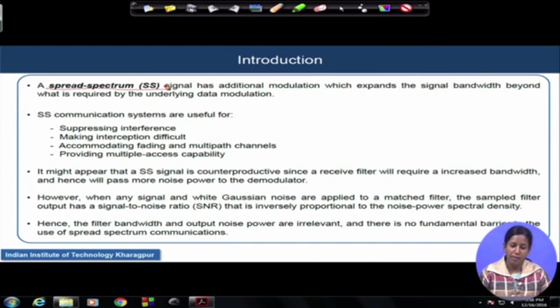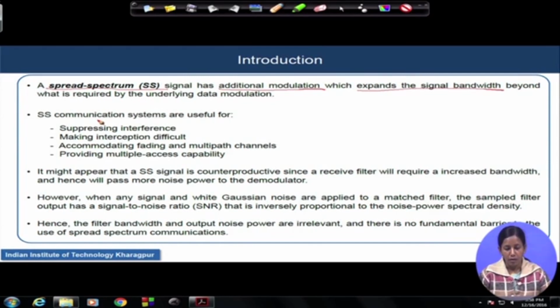Spreading means there is an additional modulation involved in the signal processing for spreading your signal, and this additional modulation helps you to expand the signal bandwidth, and this expanded bandwidth is beyond the minimum required bandwidth for the data modulation.